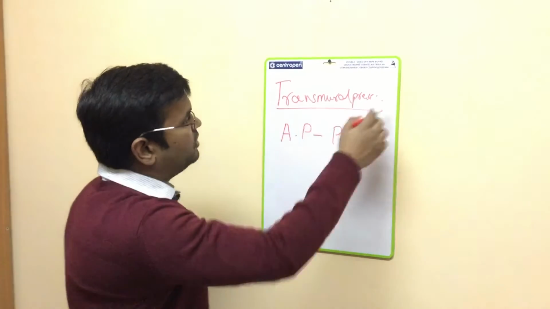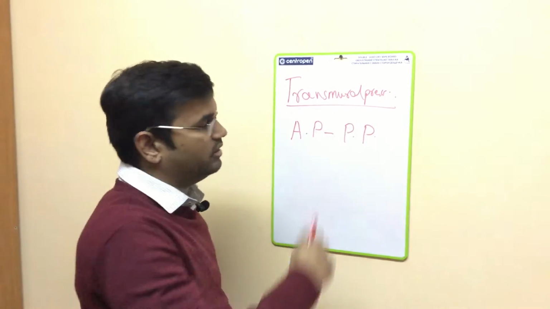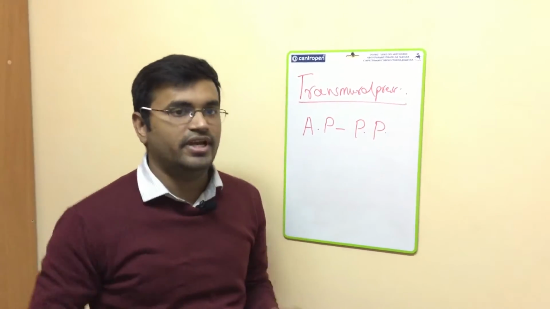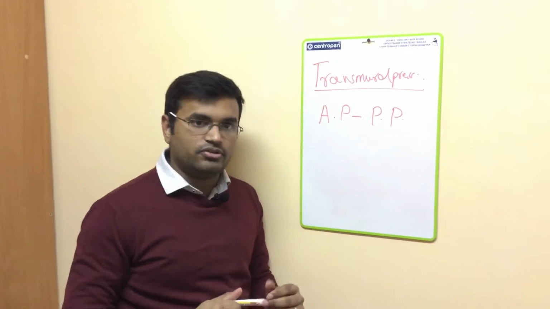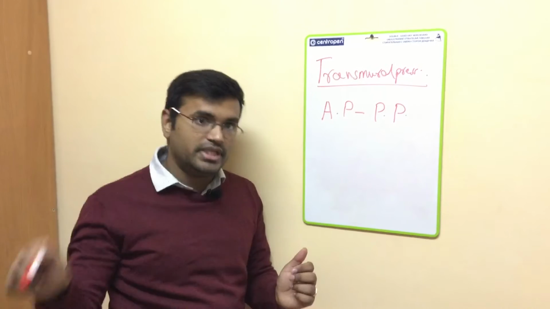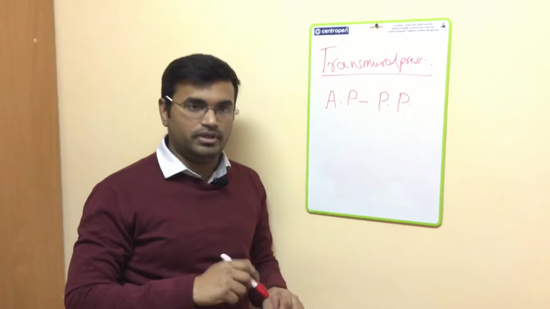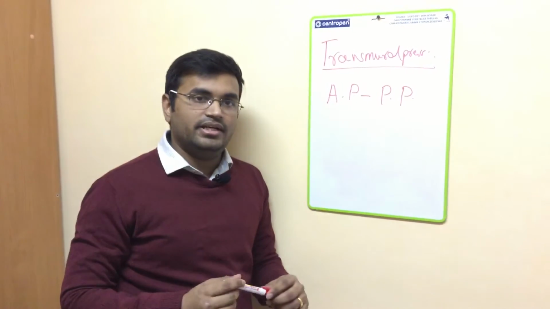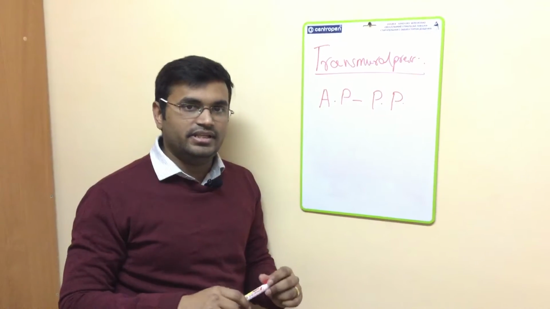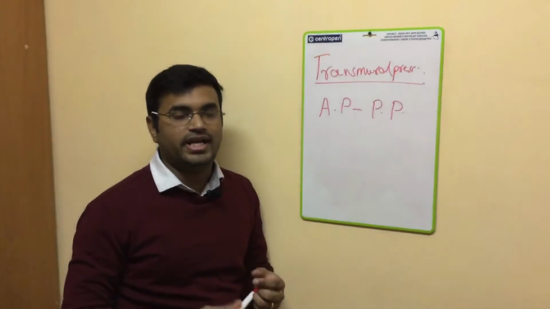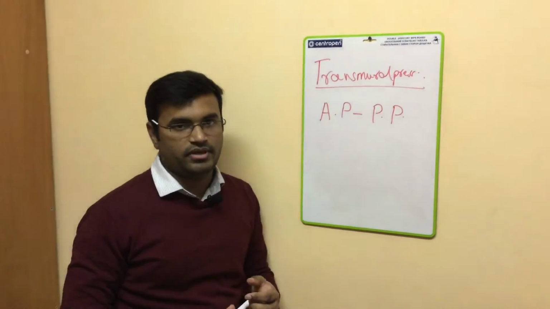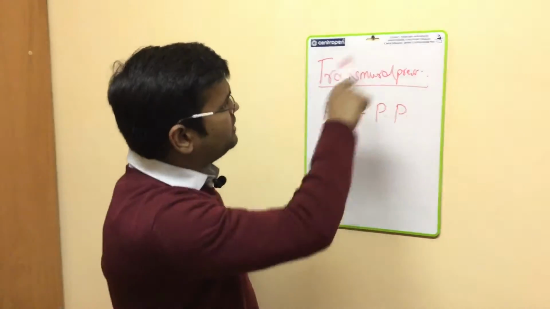So our transmural pressure will help the lung to be a little bit inflated, because I told friends, during expiration also the perfusion is there. That's why we need a little bit of air in the lung during expiration also. Okay, so this transmural pressure.